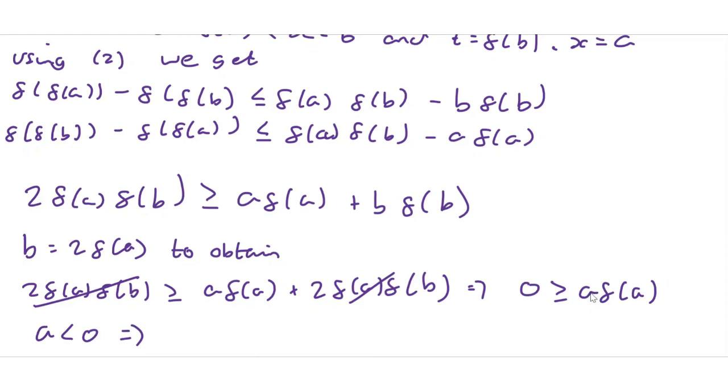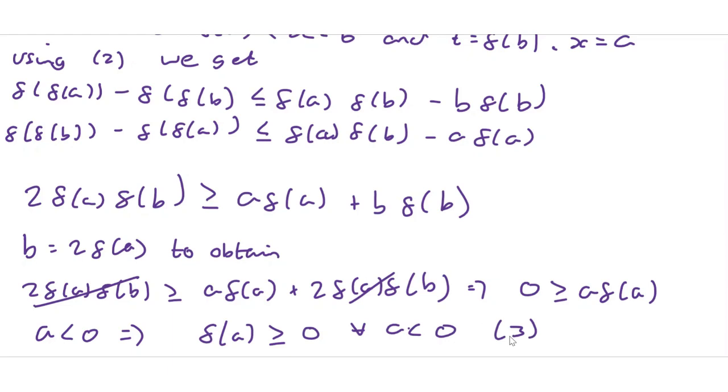We can't consider a less than or equal to 0 because we're dividing, so we'll come back to the 0 case later on. But this implies that f of a is greater than or equal to 0 for all a less than 0. Okay, and we call that result 3.